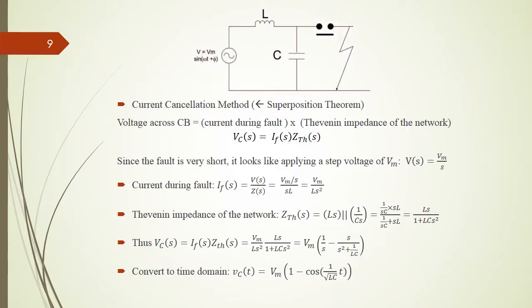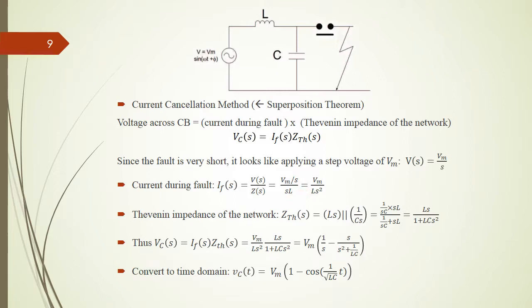First, because the fault is very short, it looks like we are applying a step voltage of magnitude Vm to this circuitry. The current during fault IF becomes V over s over Z, so it is Vm over s over sL.